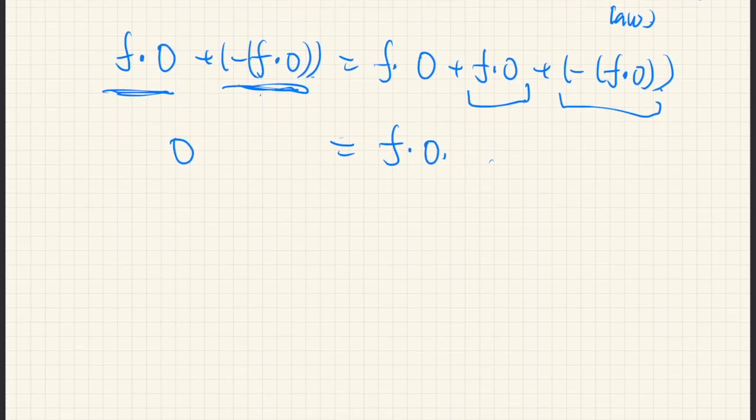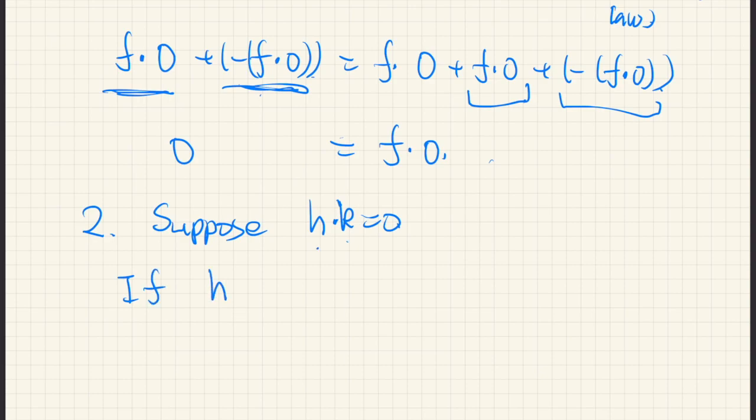And for the second part, suppose h times k is 0. Then we want to prove either h or k is equal to 0. If h is equal to 0, then we are done. Nothing to prove.